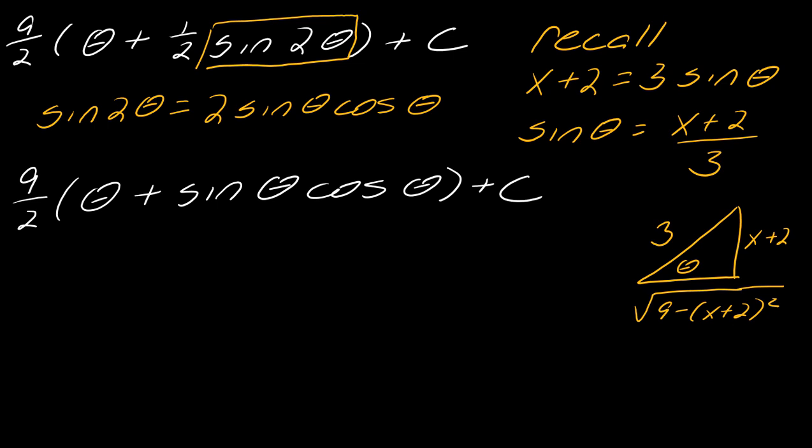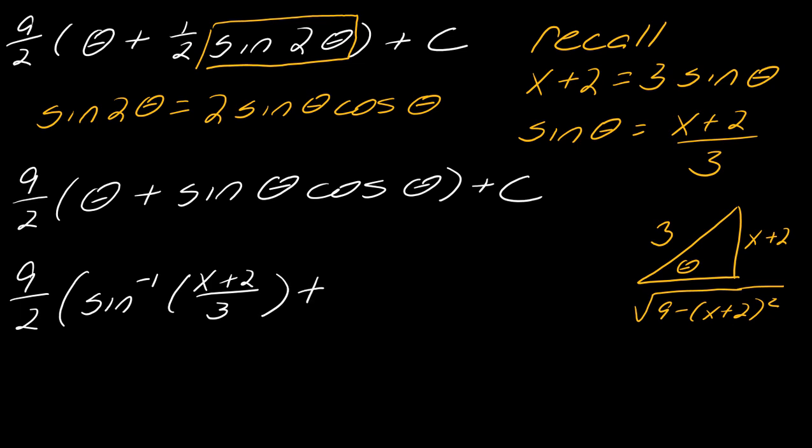So to solve for my theta, well, here was my original setup. To solve for theta, I just take the inverse sine of all of this. So this is going to turn into inverse sine of x plus 2 over 3. Okay. And then for my sine theta, we already know what sine theta is.